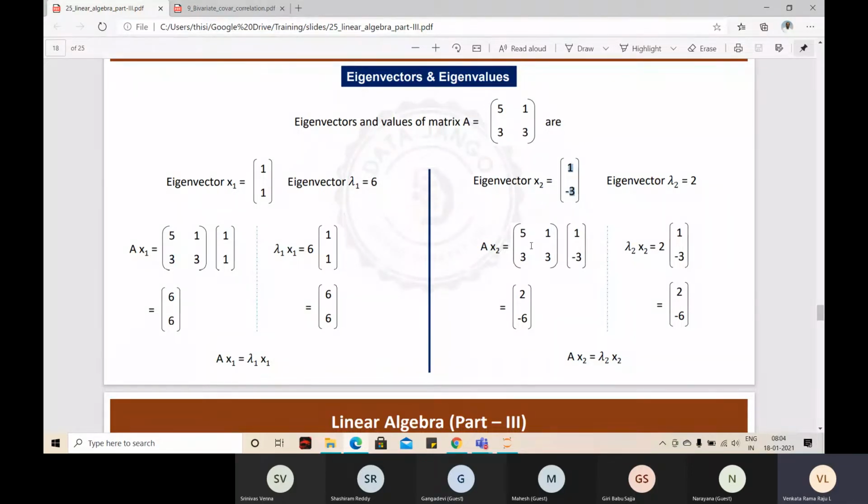When I multiply the 5, 1, 3, 3 matrix with the eigenvector 1, minus 3, I get 2, minus 6. And then I have multiplied 1, minus 3 with 2, and got 2, minus 6. So the right hand sides are equal, the left hand sides are equal. So you can say this is another eigenvector and this is another eigenvalue.